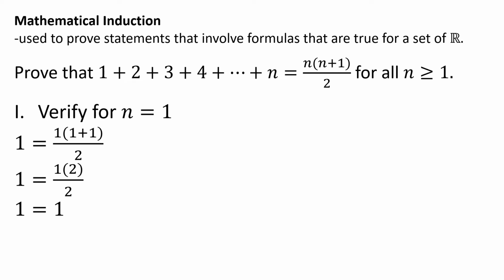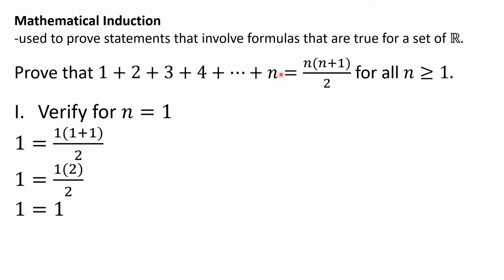Okay, so let's have here an example. Prove that 1 plus 2 plus 3 plus 4 plus up to a certain natural number n is equal to n times the quantity n plus 1 over 2 for all n greater than or equal to 1. So, what is n? n is the set of natural numbers.